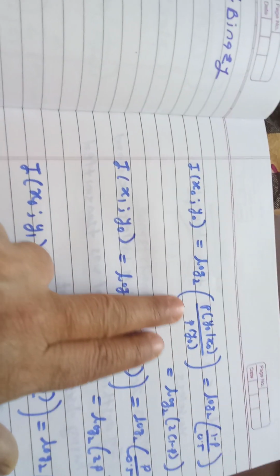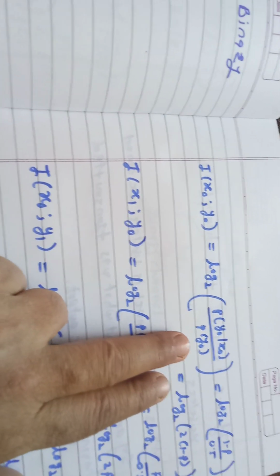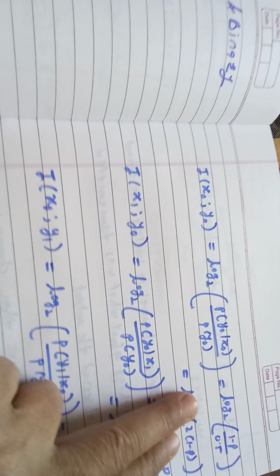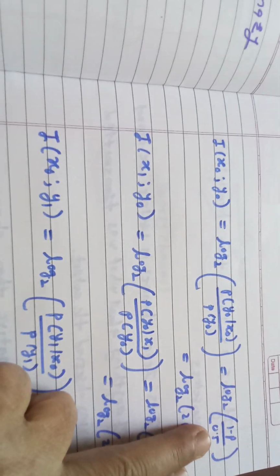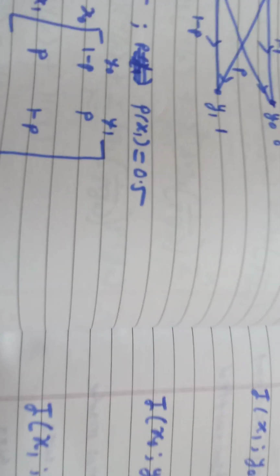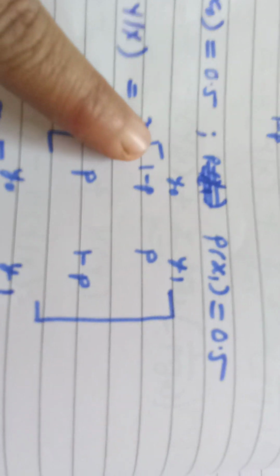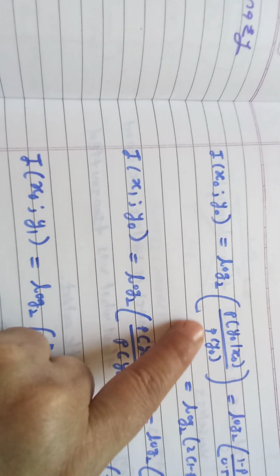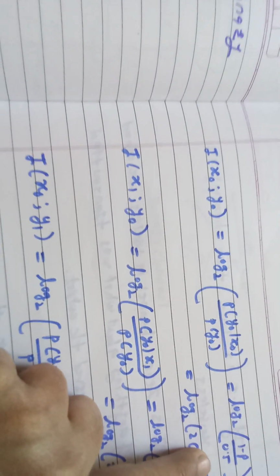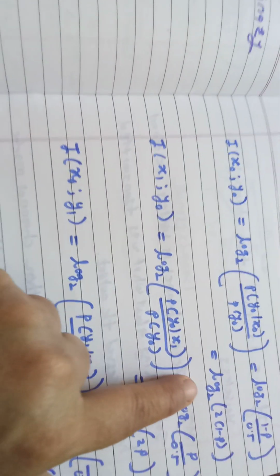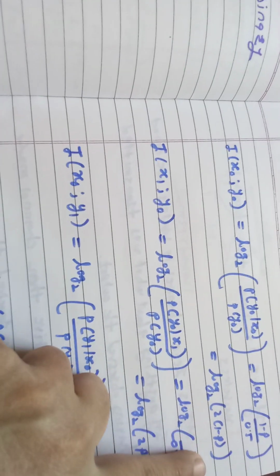That is given by log 2 of probability of y0 given x0 divided by p y0. So that is equal to log 2 of, y0 given x0 is 1 minus p, divided by p y0, which is 0.5. So you got this as log 2 of 2 times 1 minus p.